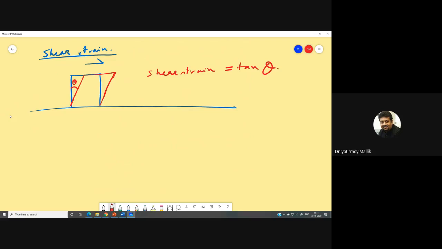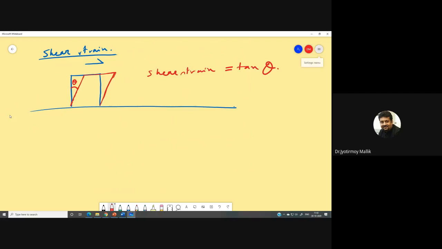So we have defined longitudinal strain, volumetric strain, and shear strain. And this is the measure of the deformation. Okay. Now let us see how these three individual types of strains are related to stresses.